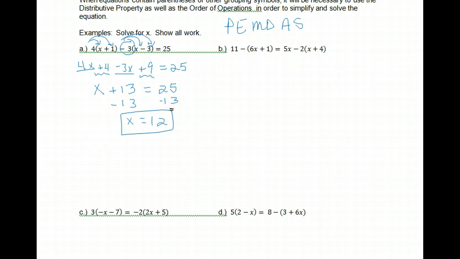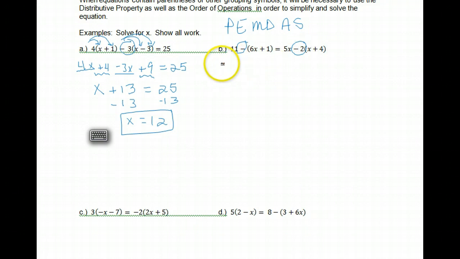Let's take a look at example B. Always look to see if anything can be combined. Look for your order of operations. Inside your parentheses, you cannot do anything, so you must rely on the distributive property in order to help you simplify.